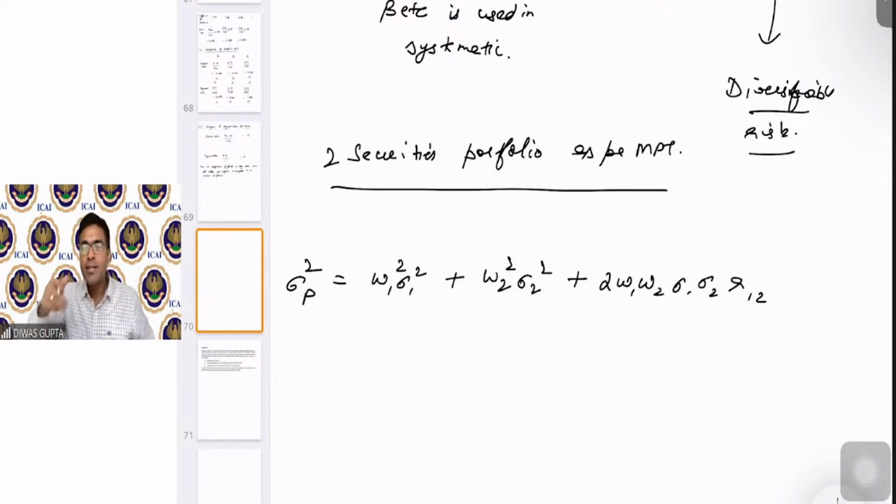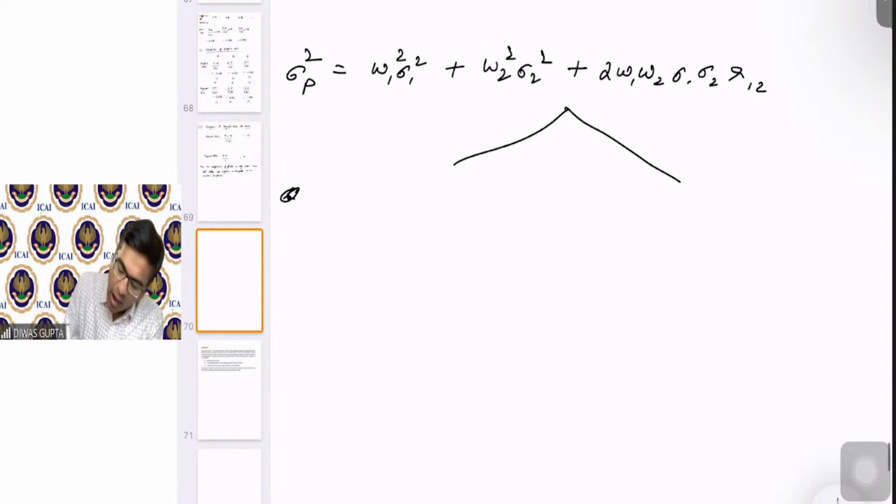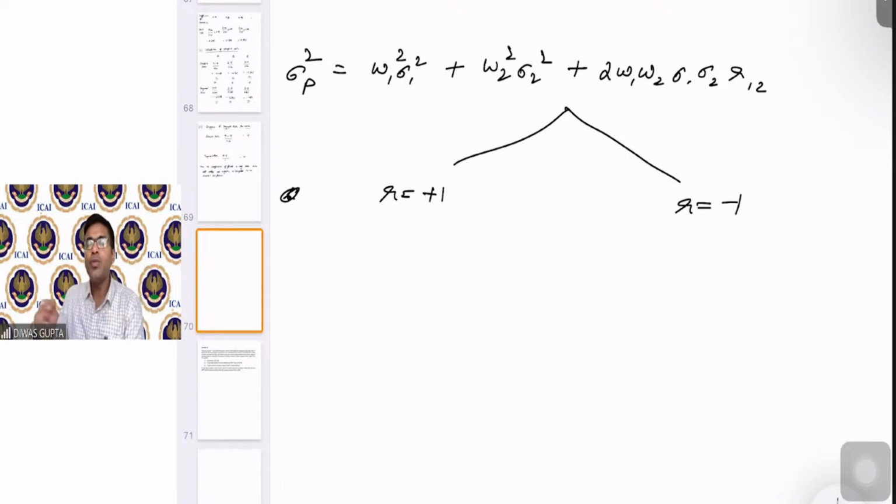This has a covariance substitution also that we can leave separately as of now. If I say that two situations here, R is equal to +1, R is equal to -1. Okay, let's take two situations where R is equal to +1, because it might happen that security 1 and security 2 have a coefficient of correlation of +1.